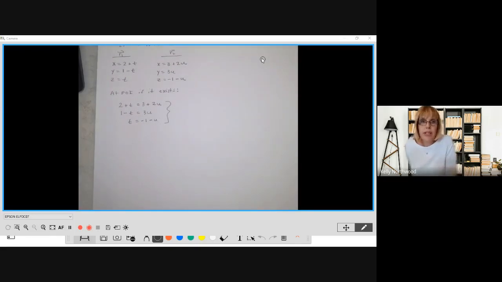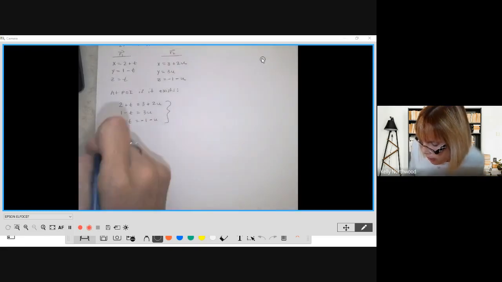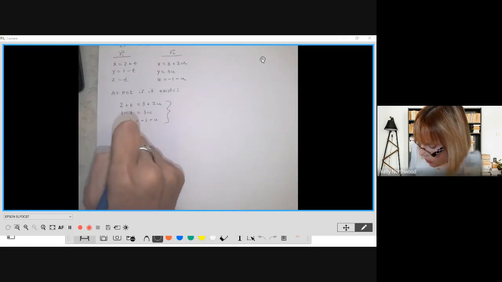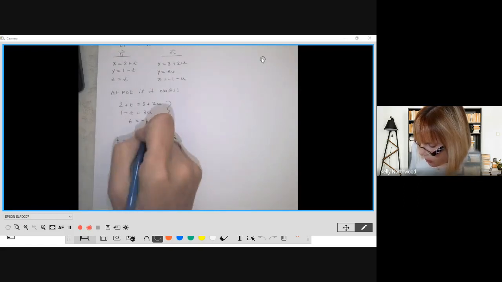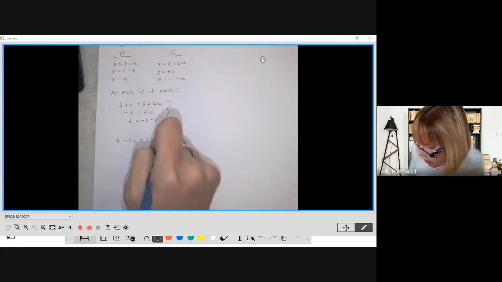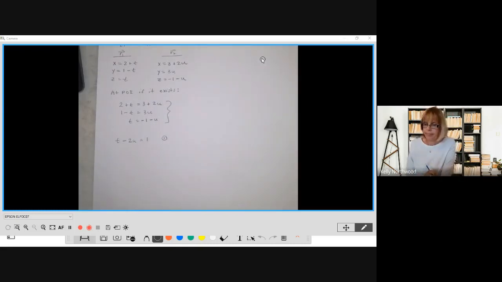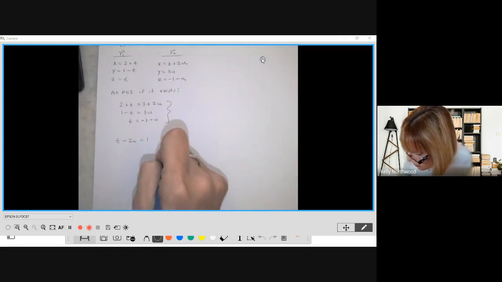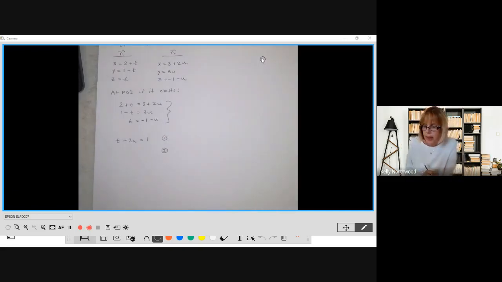Now we're going to rearrange them. So I want positives in front of my t, so t minus 2u equals 1 is going to be my equation 1. If I want to have a positive in front of my t in equation 2, does somebody know what my equation 2 would be?